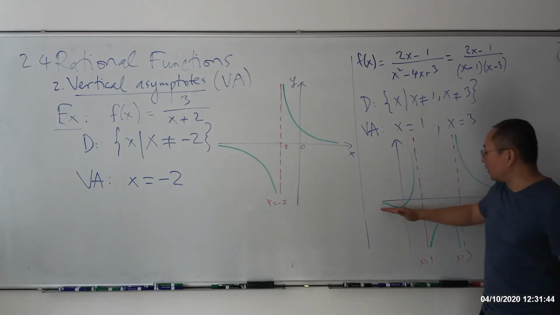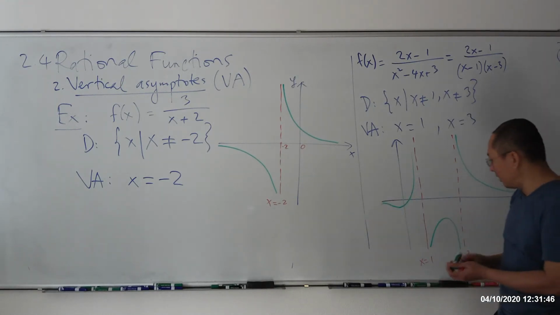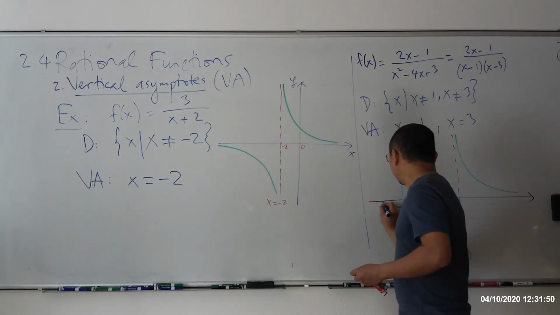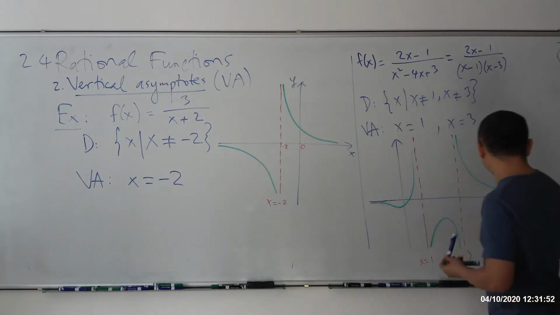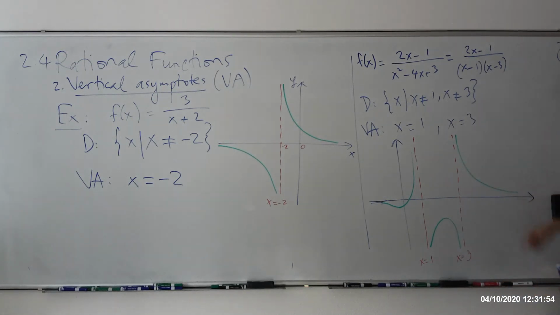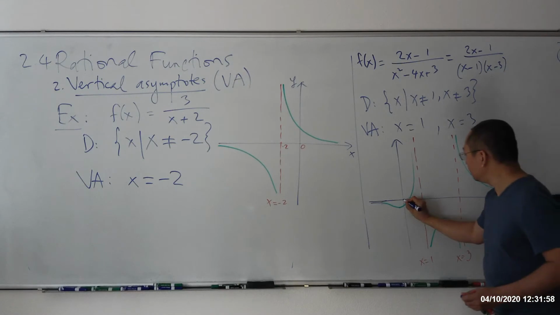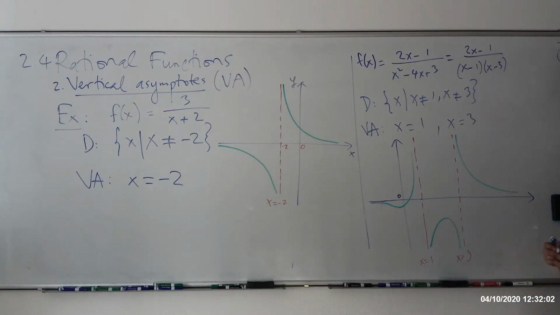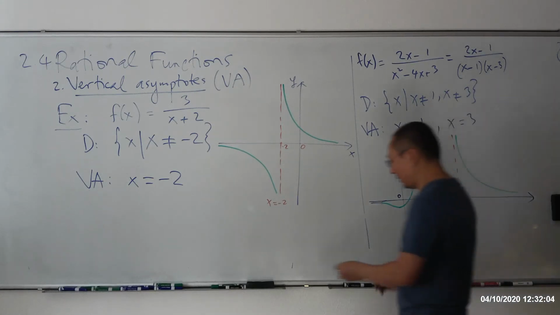The left piece of the graph is approaching the asymptote from under, and the other one right here approaches the horizontal asymptote when x goes to infinity. Okay, and you have two vertical asymptotes in this example.